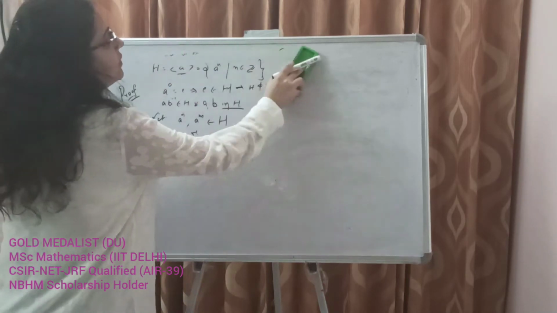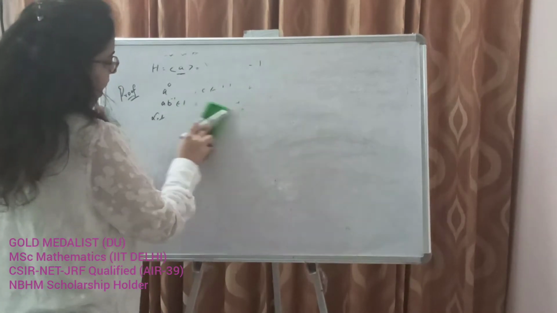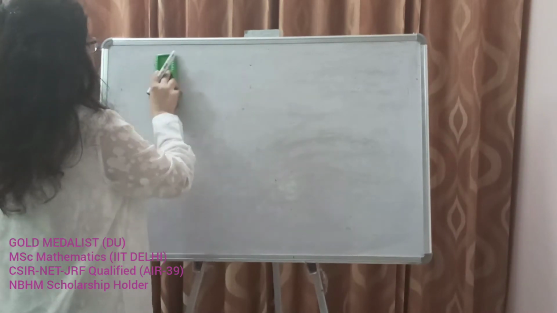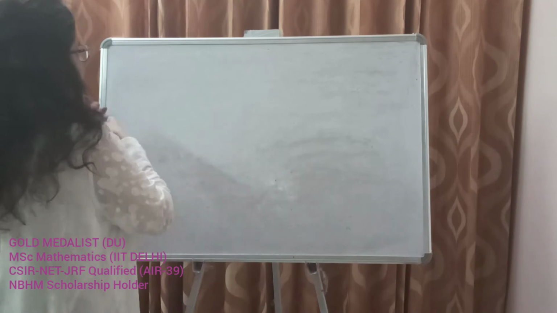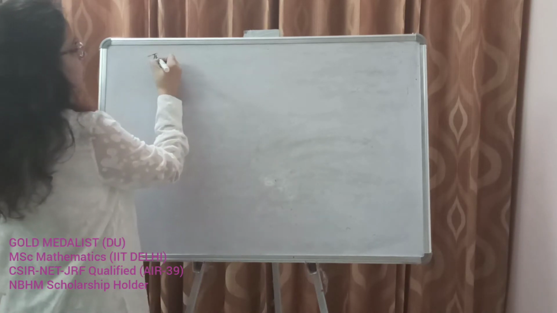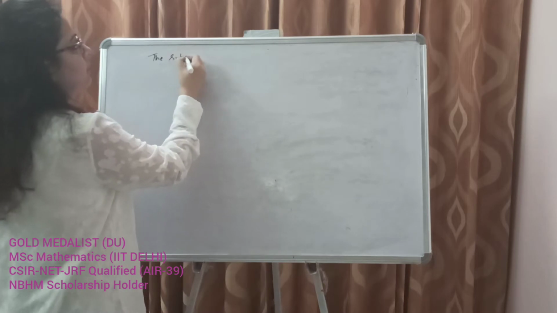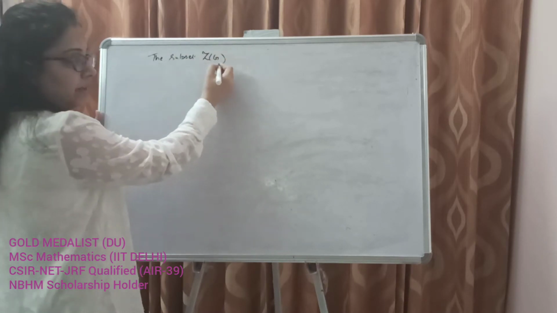So our next special subgroup is the center of a group. Let us define it first. The subset Z(G), note that G is a group.